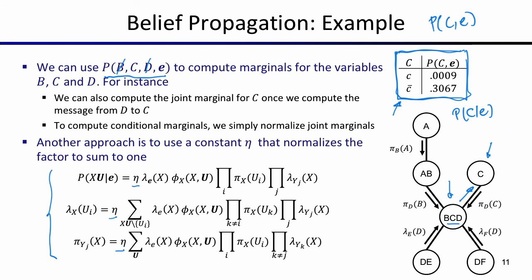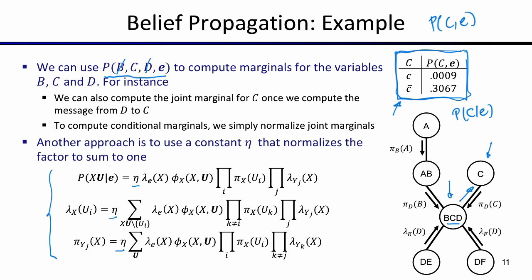And this is a very common practice, and it will help to avoid underflow. For large networks, we will be multiplying messages by factors and again by other messages and sending these to other nodes. So it will be a sequence of multiplications of numbers between 0 and 1, and this will make the numbers smaller and smaller, and we may cause underflow in this case.